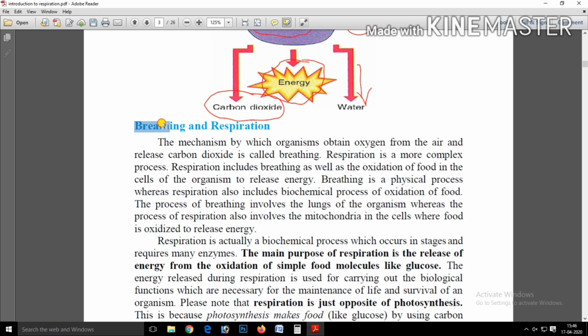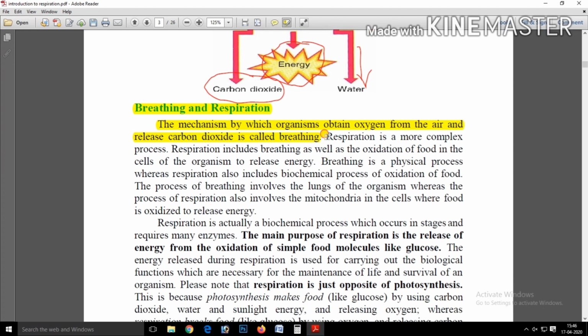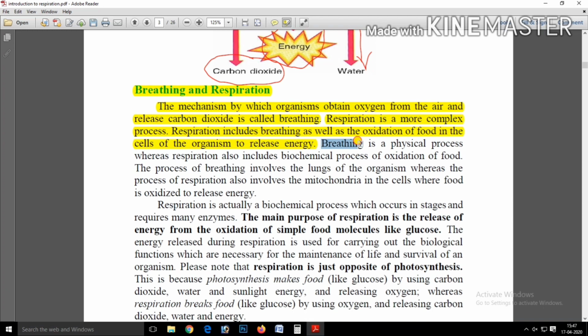The next thing is breathing and respiration. Now most of us make a simple mistake, and that is we think that inhaling oxygen and exhaling carbon dioxide is called respiration, but actually this process is called breathing, and with the help of breathing the proper respiration process gets completed, because first we inhale the oxygen, then the food is burned to release energy, then after that we exhale the carbon dioxide.